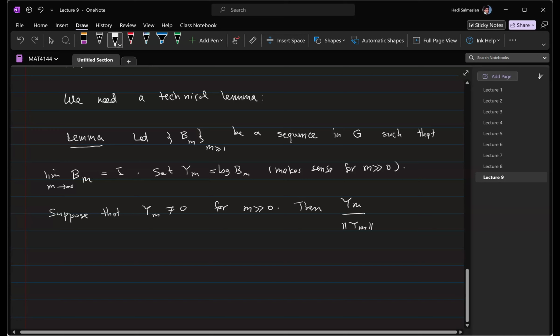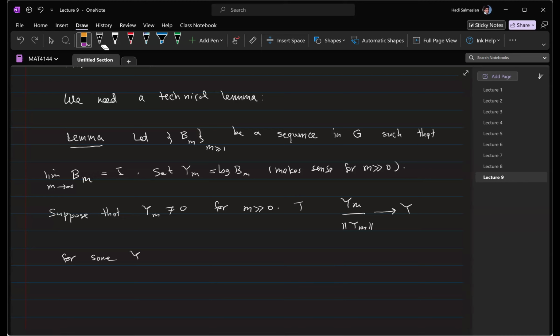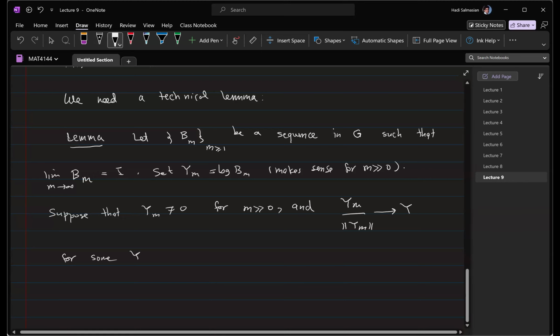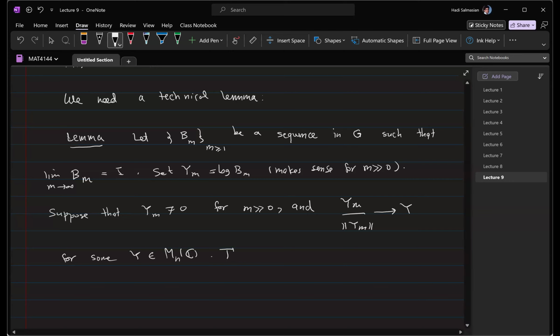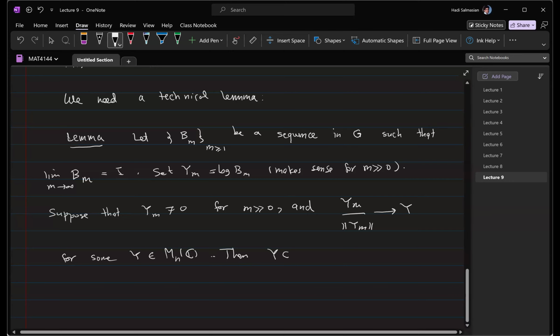Suppose the normalized sequence converges to some y in MnC. Then the claim of the lemma is that this limit is in the Lie algebra.